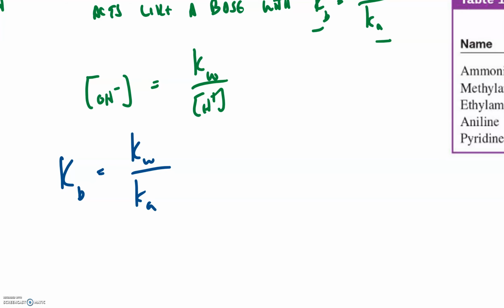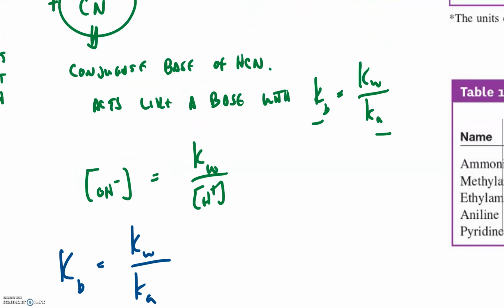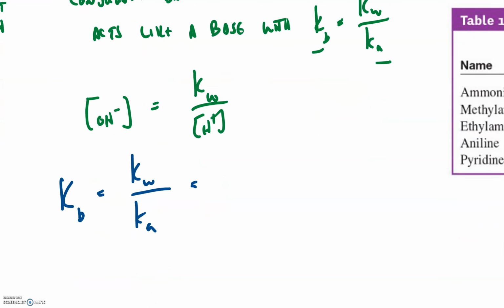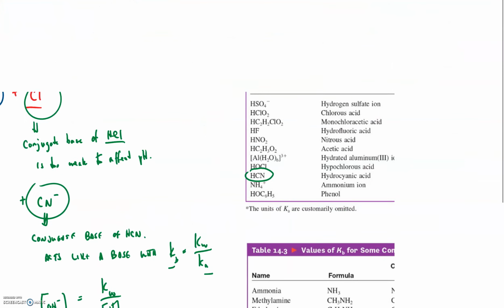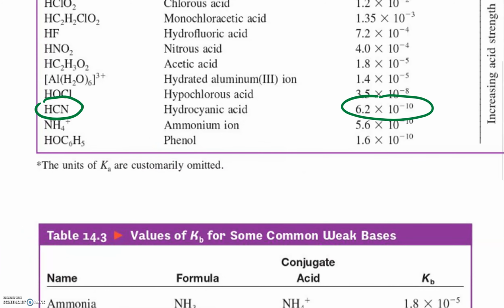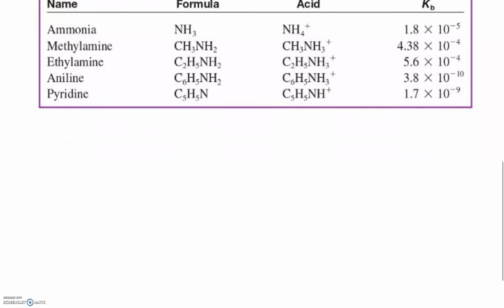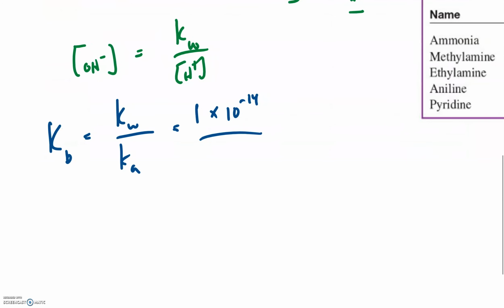So if we wanted to find the Kb for this conjugate base, CN minus, we'd plug it right in here. We'd say Kw is always 1 times 10 to the minus 14th. And what did we say was the Ka for hydrocyanic acid? 6.2 times 10 to the minus 10th. All you got to do is plug this in. This tells us the Kb. And once we have the Kb, we can find the pH.